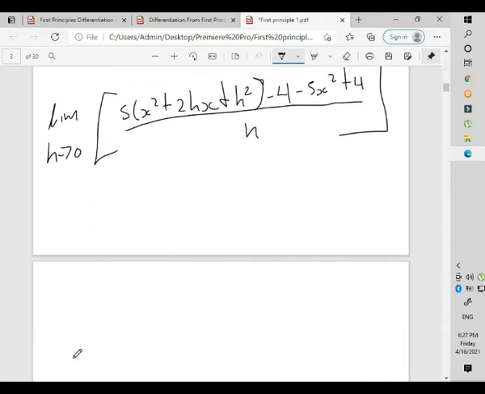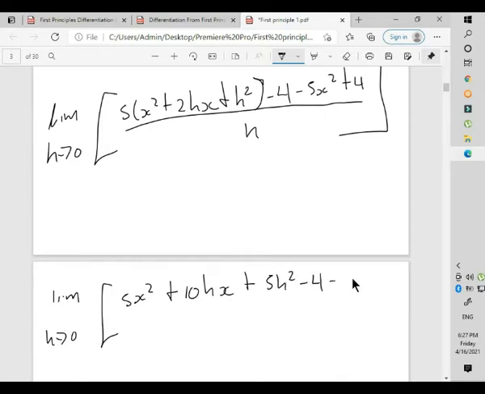Now when you are here, again, algebra, your expansion is going to be very, very important. So limit as h approaches 0 of 5x squared plus 10hx plus 5h squared minus 4 minus 5x squared plus 4, all being divided by h.